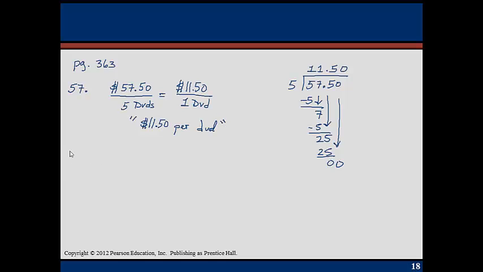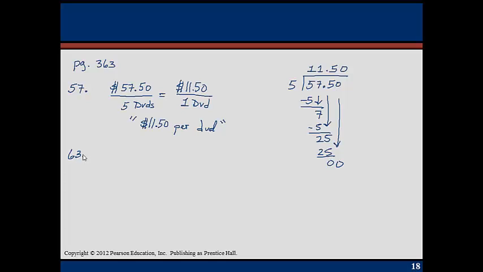All right, let's try number 63. Now it says find each unit price and decide which is the better buy. Round to 3 decimal places. Assume that we are comparing different sizes of the same brand. So number 63 says frozen orange juice.